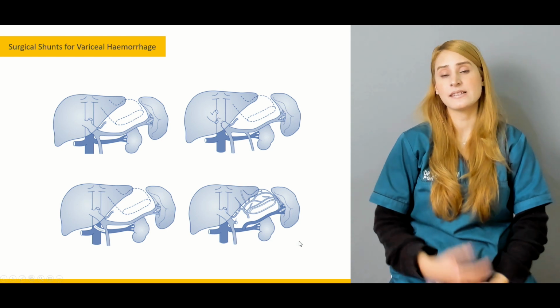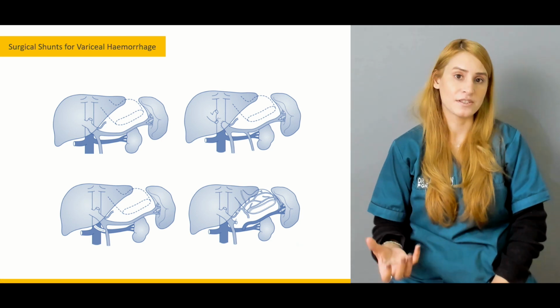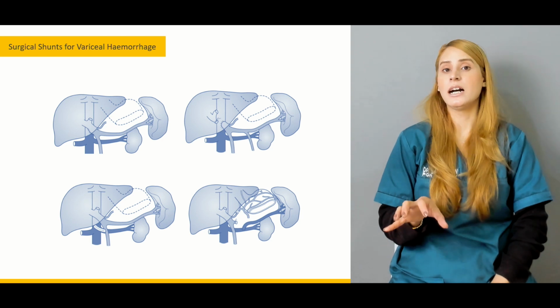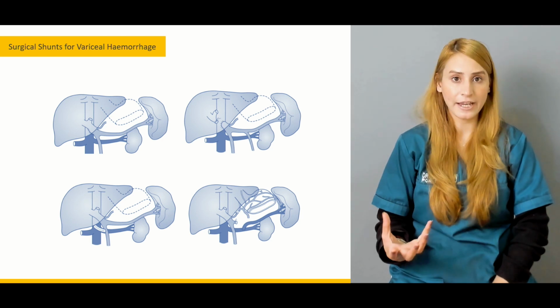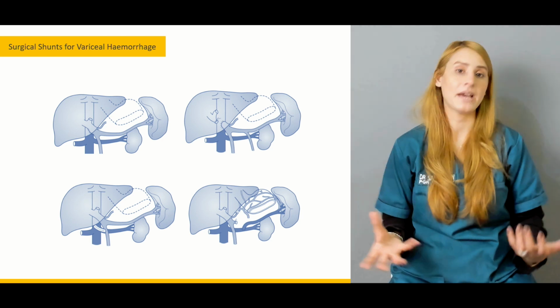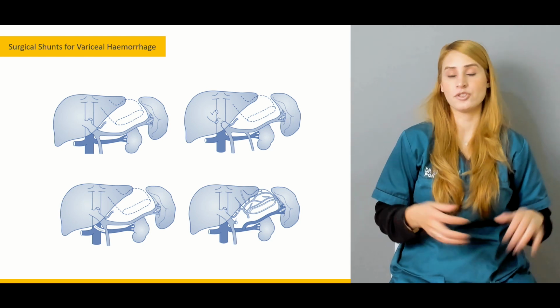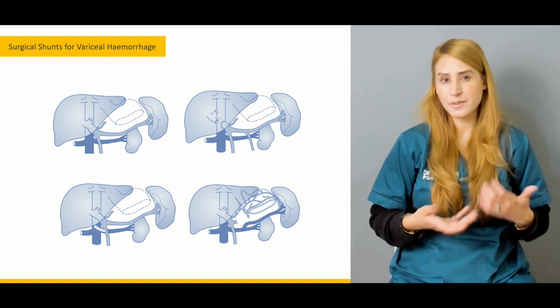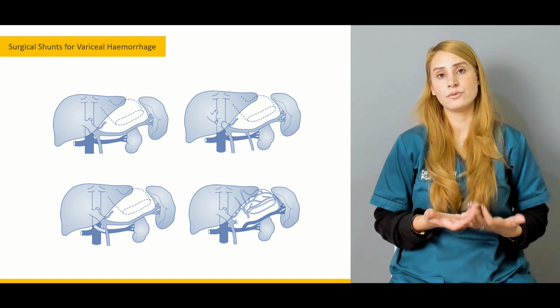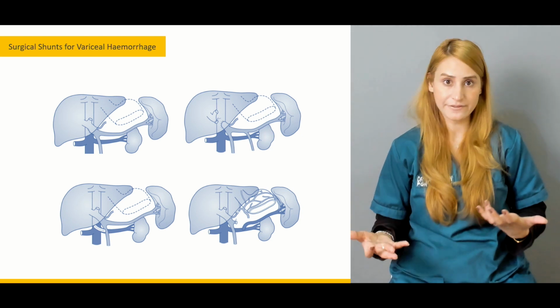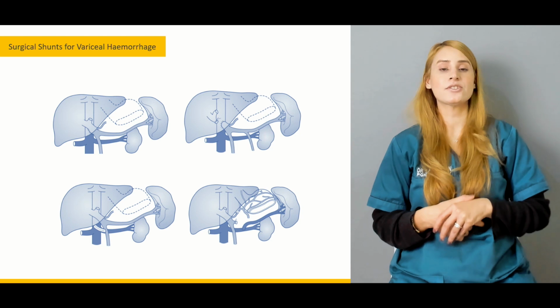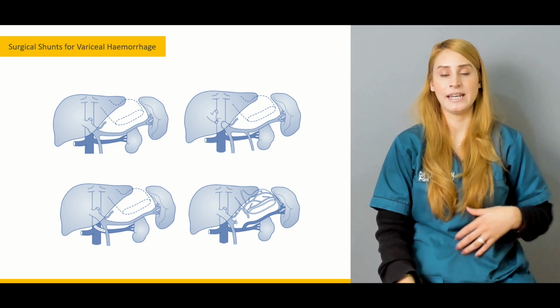This is a shunt which is put into the portosystemic circulation surgically, and the open method is adopted. You give a midline incision, and sometimes people prefer a transverse or subcostal incision. They expose that particular area and the shunt is placed.